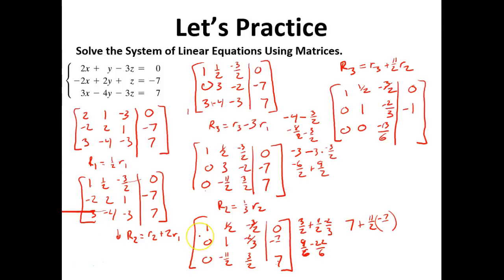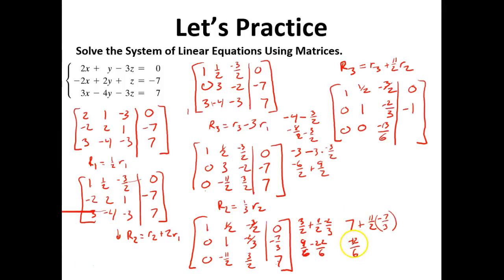And right. So this here took a third of this, so this is -7 thirds. So we're taking row 3, which is this, plus 11 halves of this, which is going to look like that. I'm going to need a denominator of 6, so I'm going to do 42 over 6.